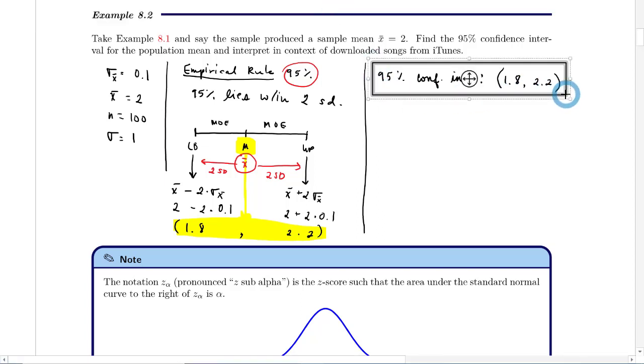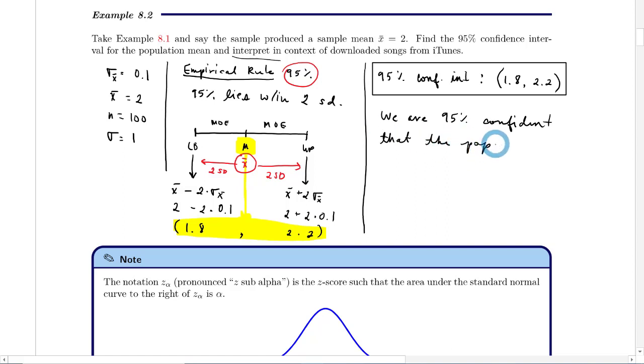The second part states that it wants you to interpret. So let's go ahead and interpret. And this is kind of a blank interpretation. So we would say we are 95% confident that the population mean of, and then what are we talking about?